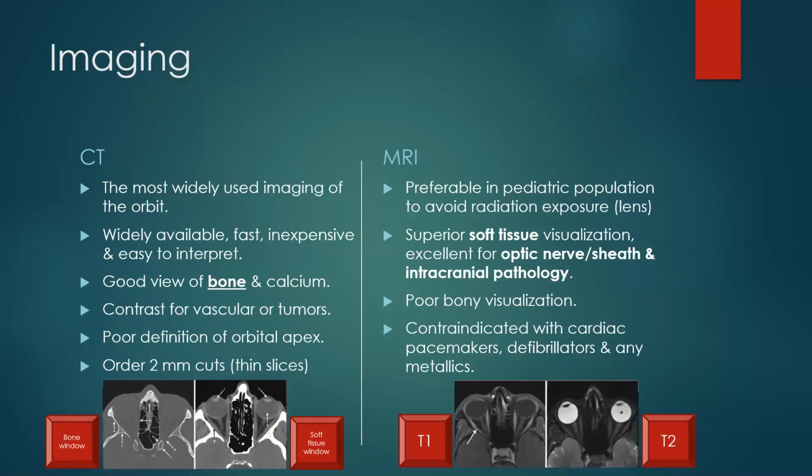So the next is imaging, CT and MRI. CT is the most widely used imaging in the orbit. It's widely available, fast, inexpensive, and easy to interpret.